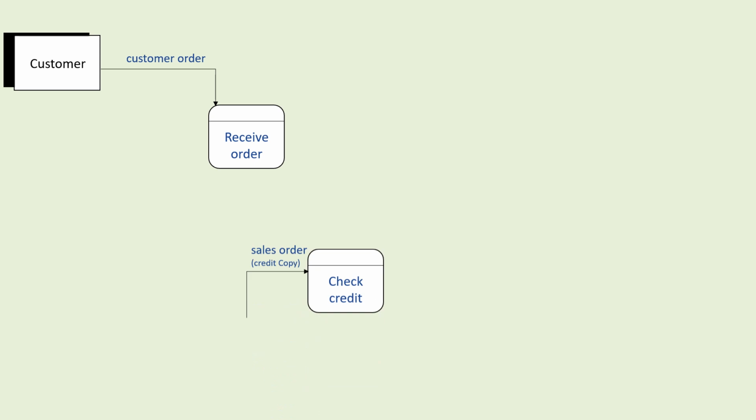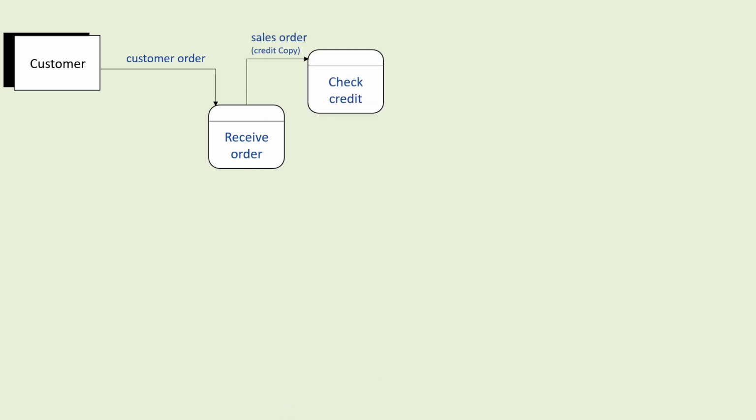Starting from the customer, when the customer sends a customer order, the company will process that customer order, processing the receiving of the order. The second process is to check the credit if the customer is buying on credit, but if it is on cash, then no need to process the check of credit. So sales order, checking the credit, for sure we need to check the credit record file.